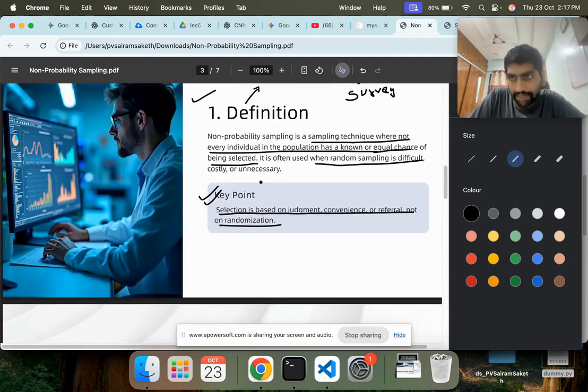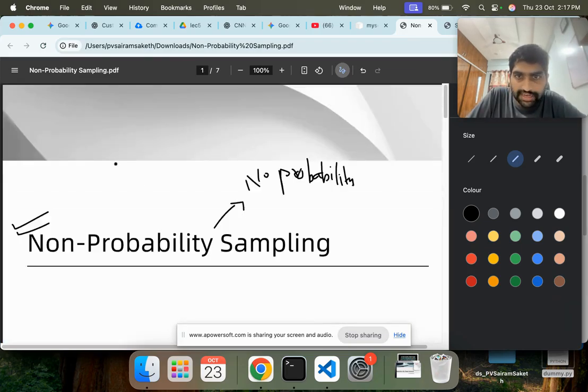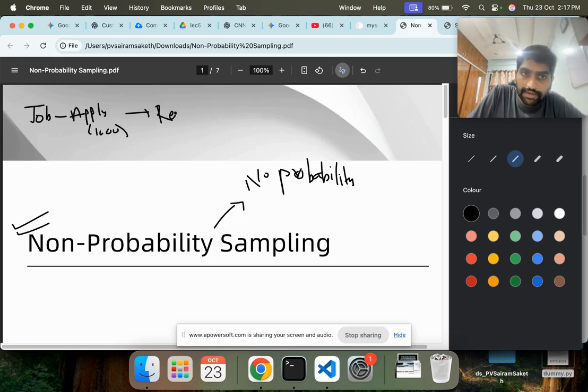One simple example. Let's say you are searching for a job. To get a job, you have to apply. Let's say 1,000 students have applied for this job. Then your resume shortlisting will happen. Let's say out of these 1,000, 200 resumes got shortlisted.